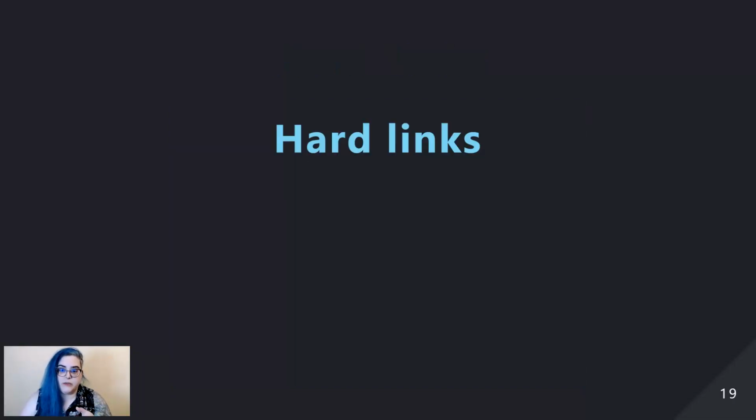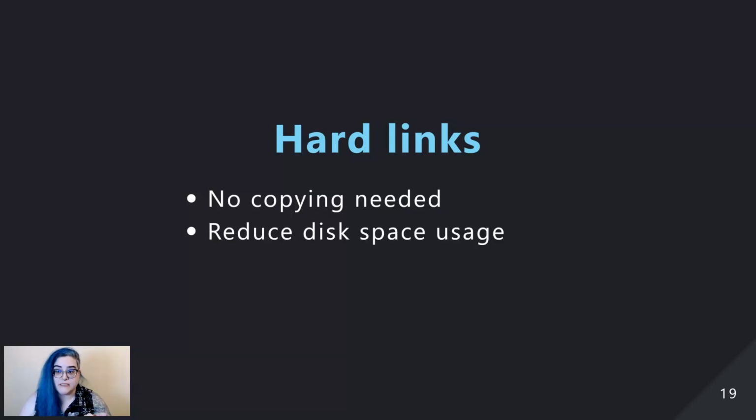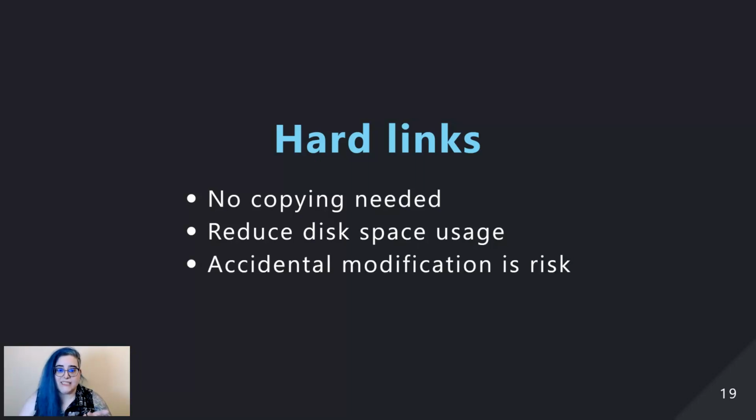So, things to note about hard links. There's no copying needed, so you can extract without having to do a full copy operation. It reduces disk space because you don't have to have copies of the same file over and over. Accidental modification is a risk. This is a negative. If some operation modifies the file in one place, say one project has a build script that modifies one of its files, that's going to corrupt your central cache.